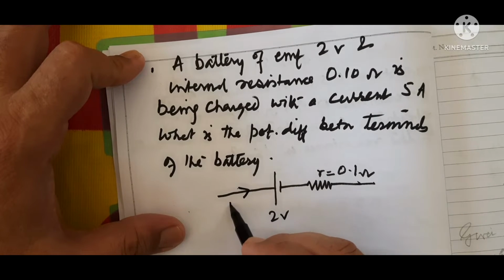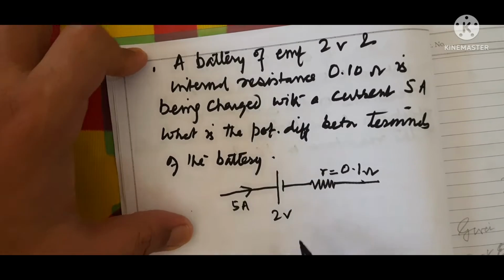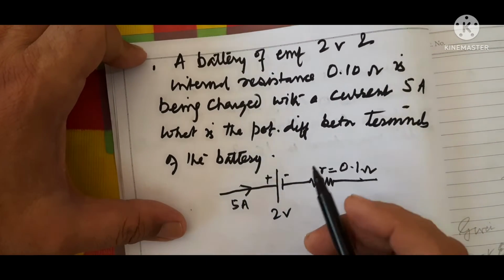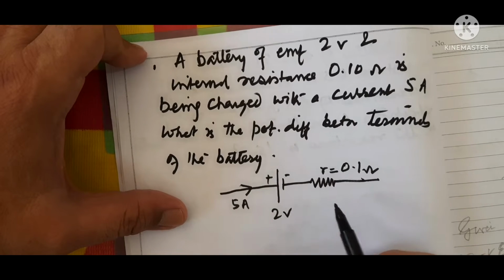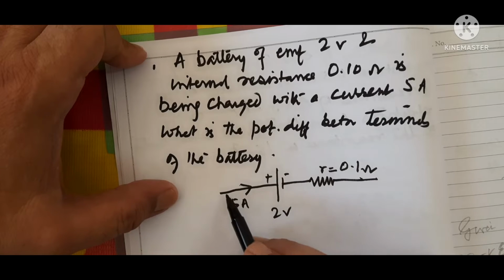Current is flowing 5 ampere in this particular direction, right? 2 volt battery is there, like that. This is the question, and we have to find out what is the potential difference between the terminals of the battery.